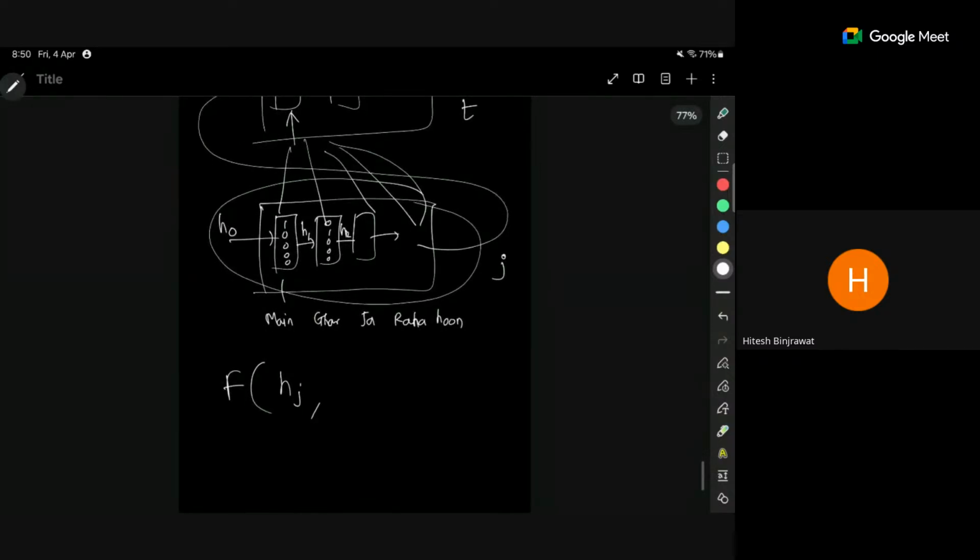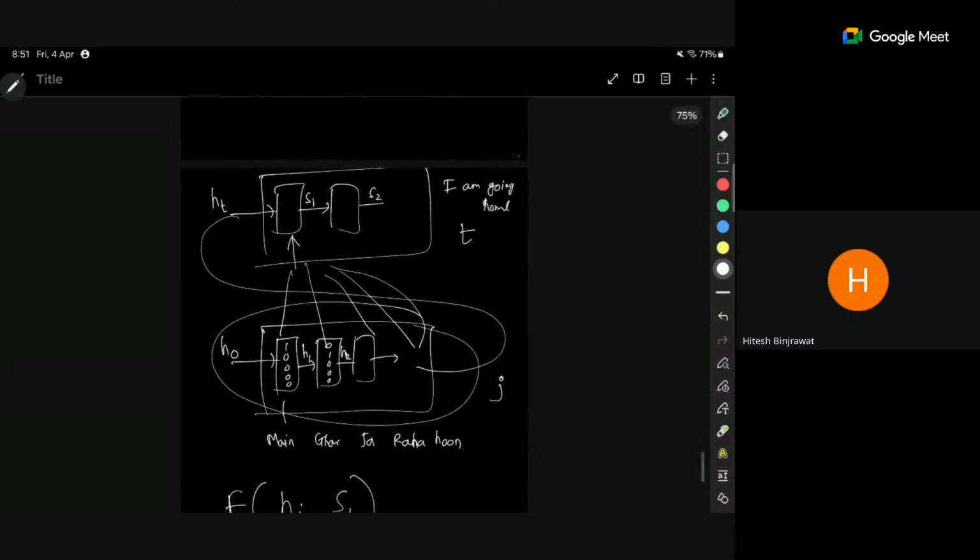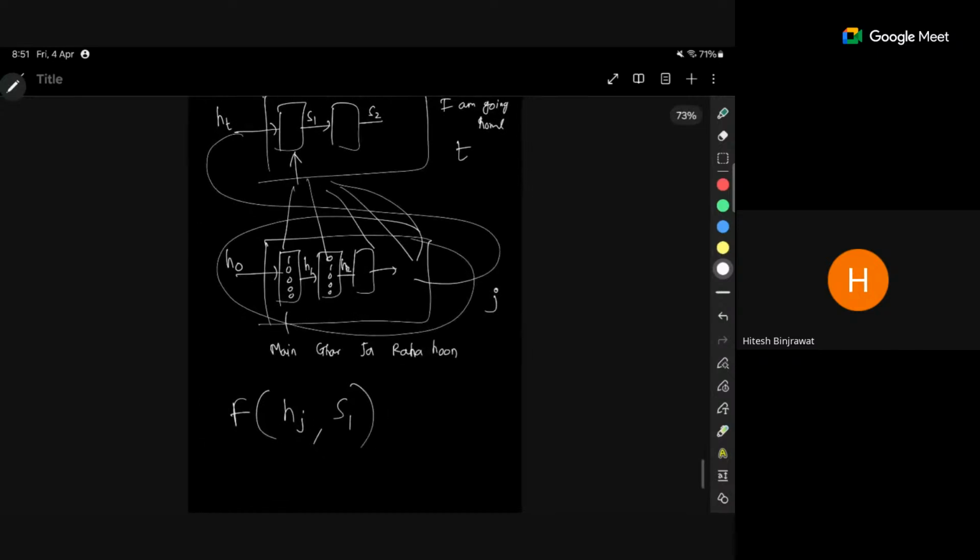The first timestamp is, let's say, s1, and here I have s0 from here, right? So this ht is actually s0. If some function is there which tells me the importance between these two, that is, for all the h, j, like 1 2 3 4 5, and s0, what is the importance in between them? If I know that, then my attention work is done, right?